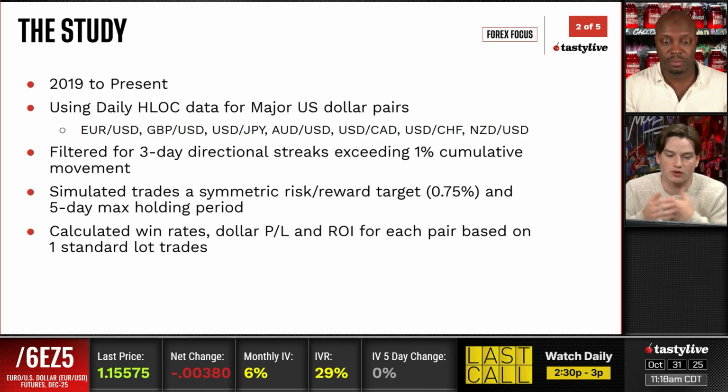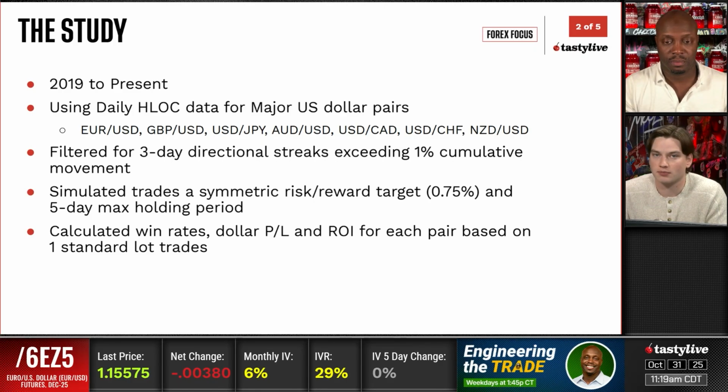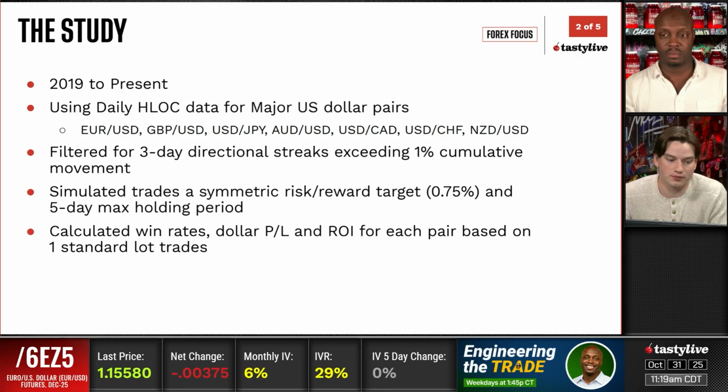But this was a pretty sound benchmark for what would be considered a notable move in one direction or the other, and I wanted to take into account symmetric risk reward here using a 0.75% profit target and stop loss target to simulate some of these historic trade performances with a 5-day max holding period. So keeping this pretty short term.